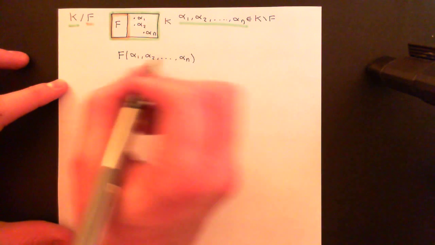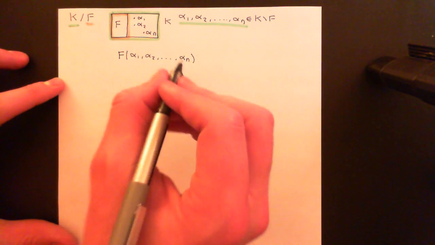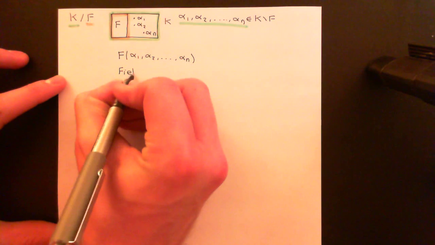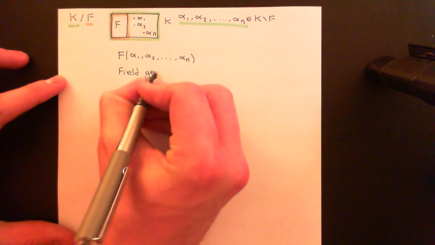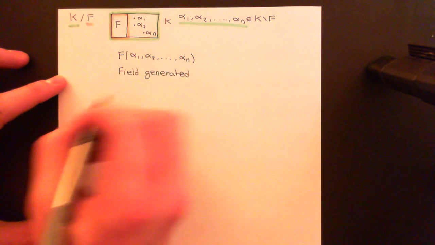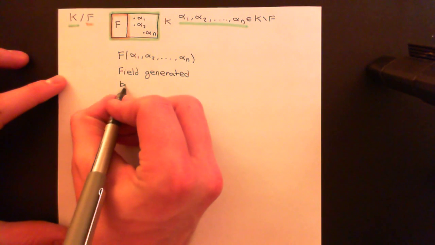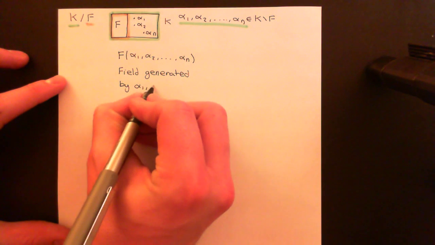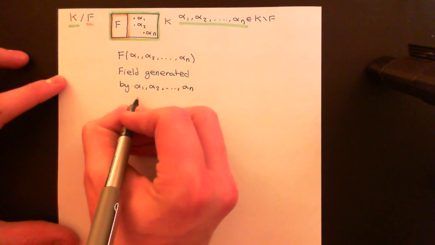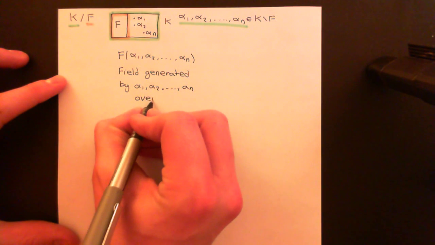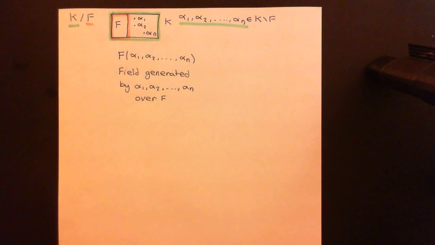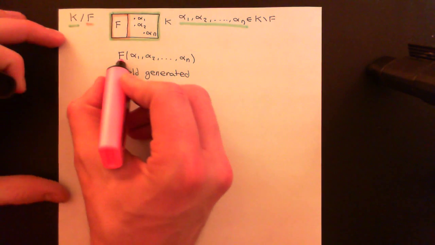In full, this is called the field generated, so I'll give its full title. This thing is denoting a field: the field generated by these elements alpha 1, alpha 2, all the way along to alpha n, and then we put over the field F. So it is in fact going to be a field extension of the field capital F, the smaller field.